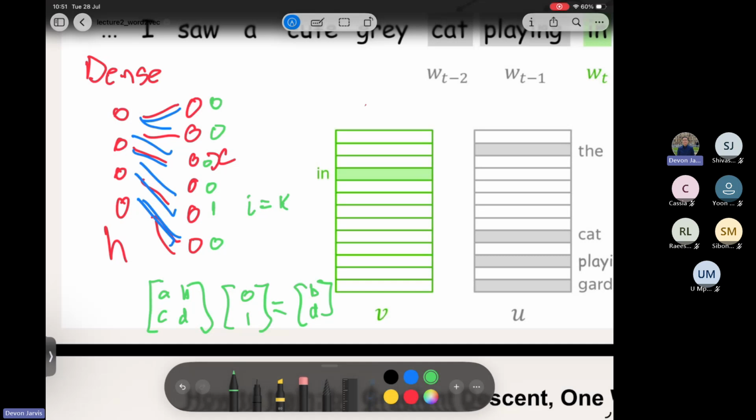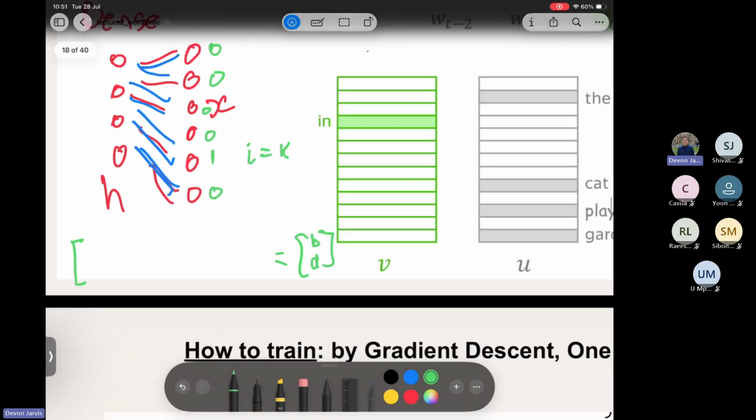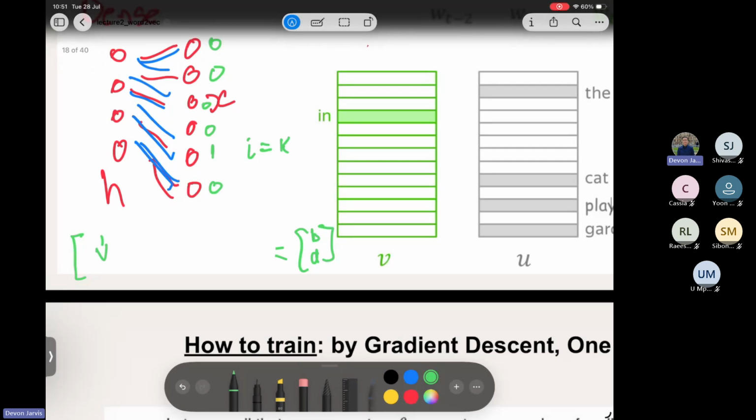Again, I sometimes like doing this example. If I think about a matrix as a vector of vectors, then this is V1, this is V2, this is V3, this is V4, and you have the lines on top showing that those are the vectors 0, 0, 1, 0.